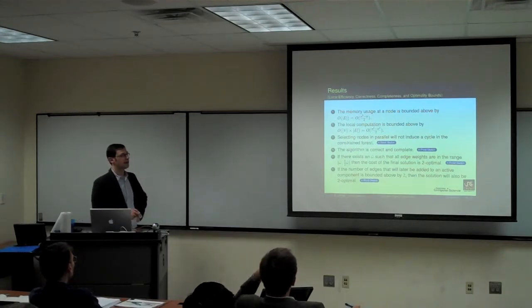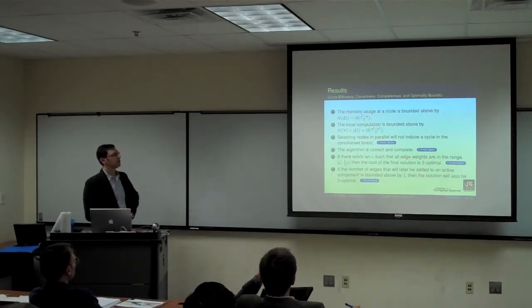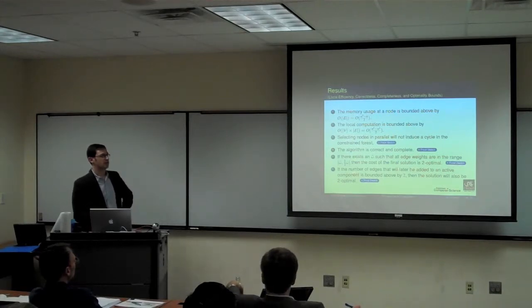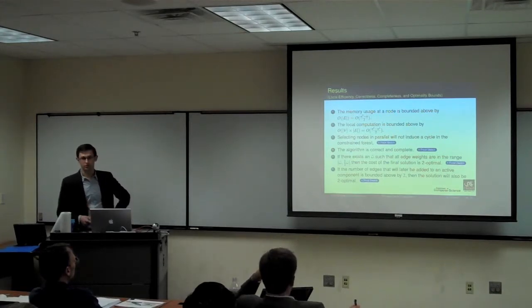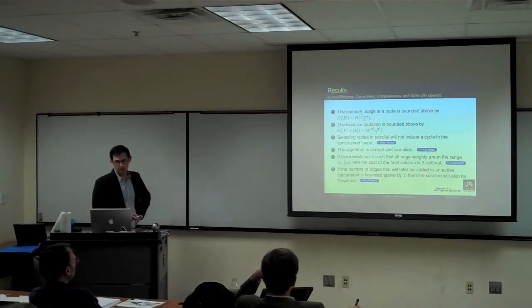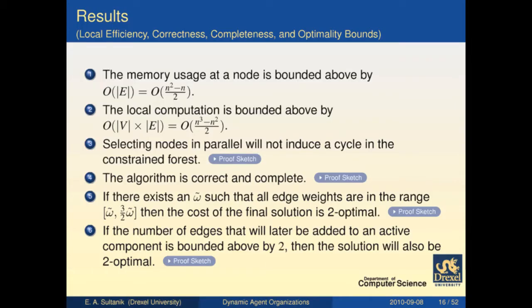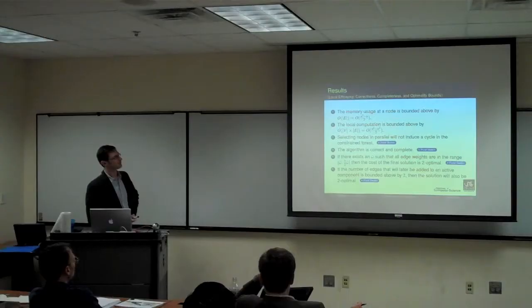Alternatively, if we can't ensure that requirement, then there are other circumstances by which we can ensure 2 optimality. For example, if we can bound the number of edges that will be added to the network later on as the algorithm executes.